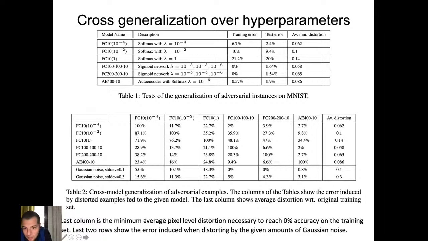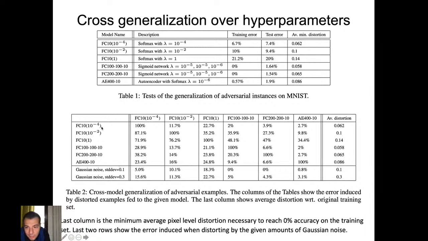When you test on the same model, you always get 100% error. This means that adversarial examples always work on the same model, but they can also transfer to other models to some degree. For example, if we take the adversarial examples from this model and use them on this other model, which has a test error of 20%, you can increase the error by around 3%.